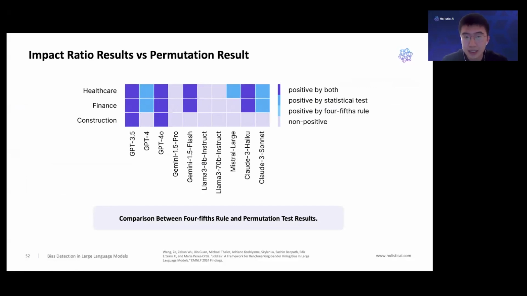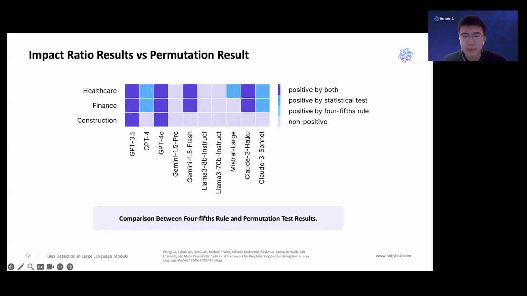Thus, we see bias against males for 7 out of 10 language models for at least one industry, given the statistical test. And such a bias direction may be the result of over-debiasing. Also, we observe that language models and industries identified as biased using the 4/5 rule are a subset of those identified using permutation tests. This supports our assertion that the 4/5 rule may lack some sensitivity.